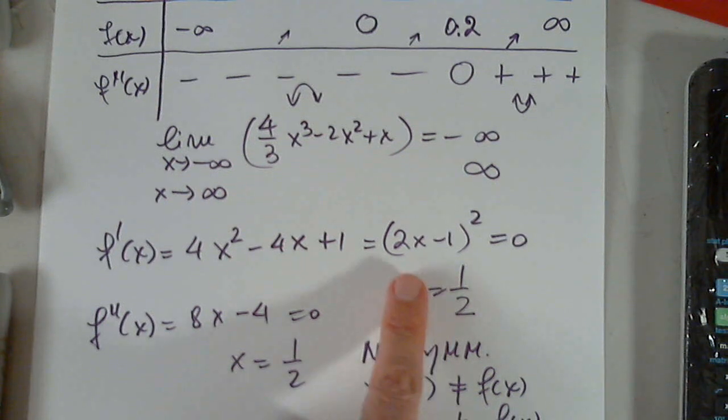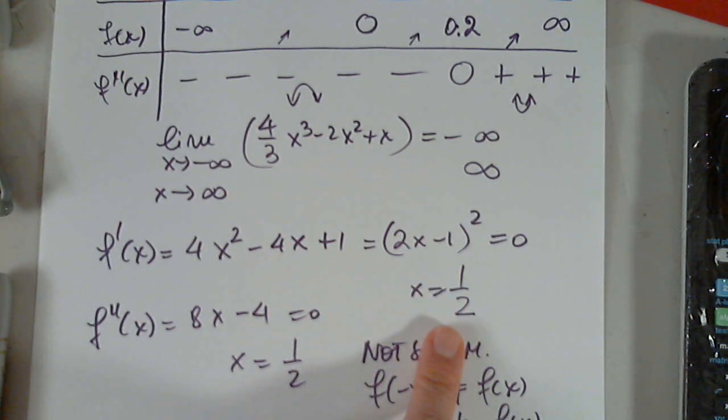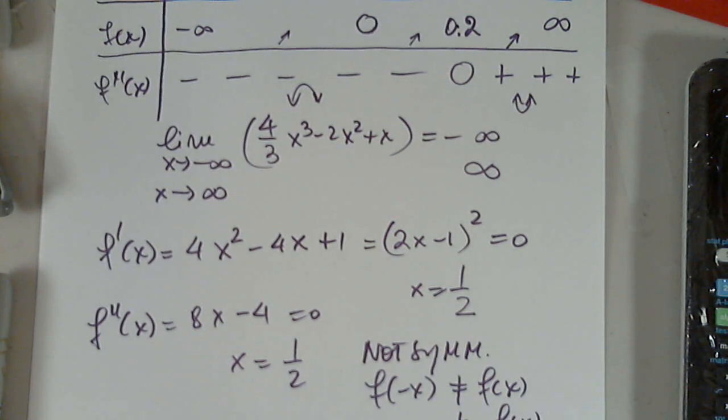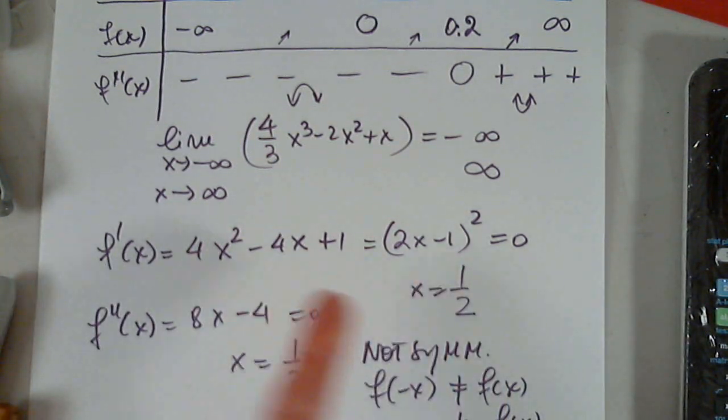If you want to say that this has two solutions, I agree, but they're both 1/2. Is that what you meant? Yeah, that's kind of what I wanted to know. I just wanted to make sure that it was 1/2. It's 2x minus 1 times 2x minus 1. You will only get one solution. It's a double solution, but it's the same.